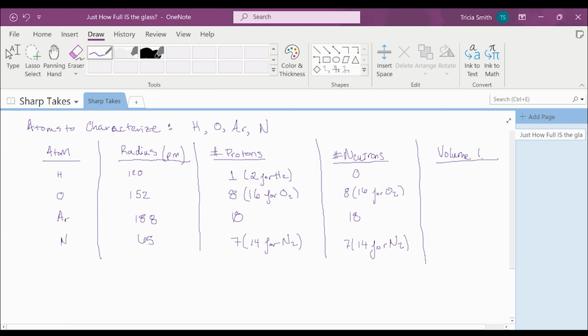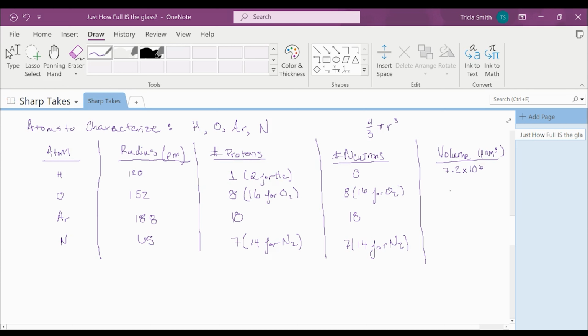Let's go to the volume in picometers cubed of each atom, based off of the formula 4/3 pi r cubed, with the radius in picometers as r. For hydrogen, this means the volume is 7.2 times 10 to the 6 picometers cubed.